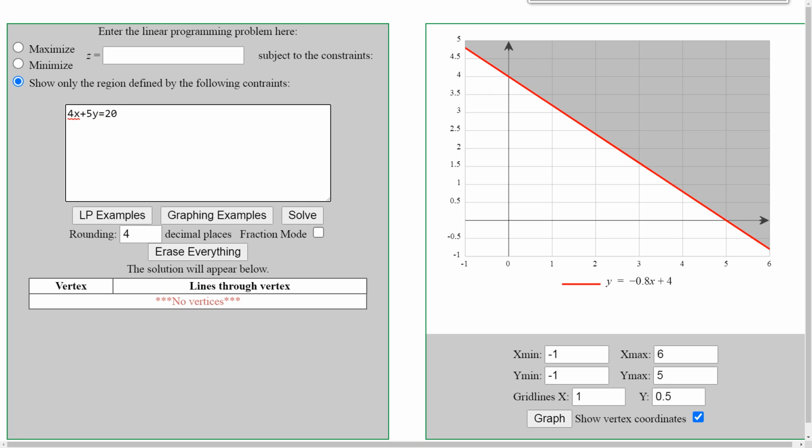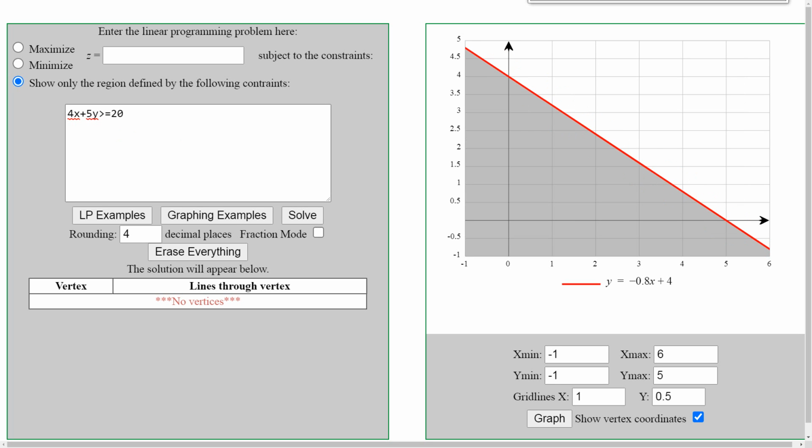It is greater equal to 20, and let us solve this. As we have already seen in previous part, the point on y-axis is 4 and point on x-axis is 5. So this is the line.